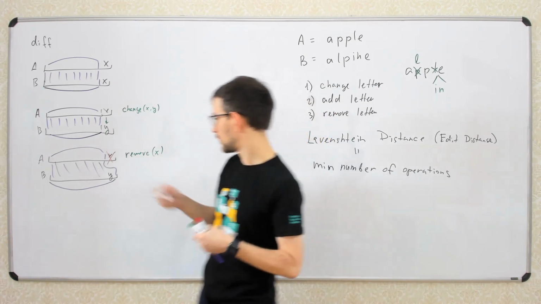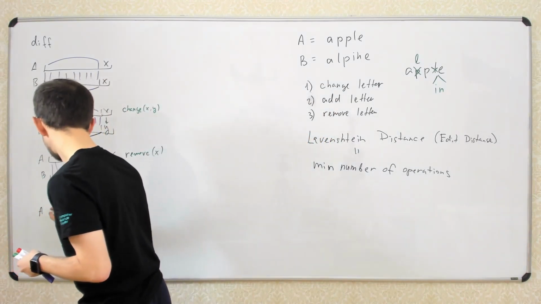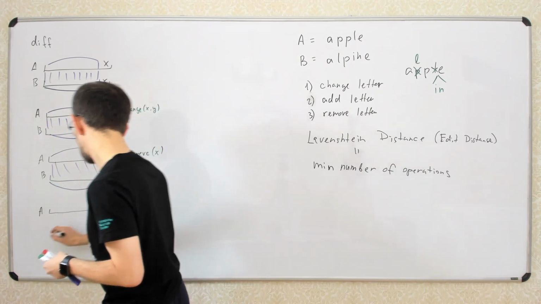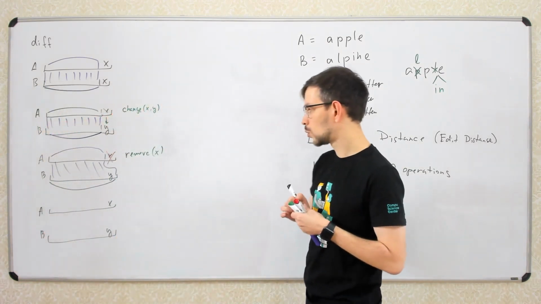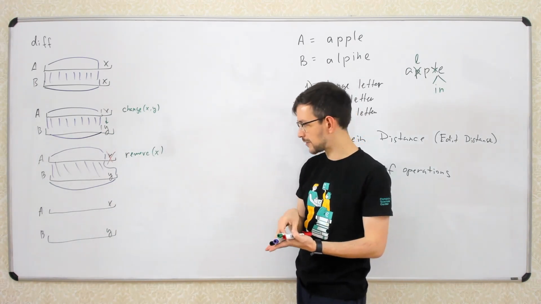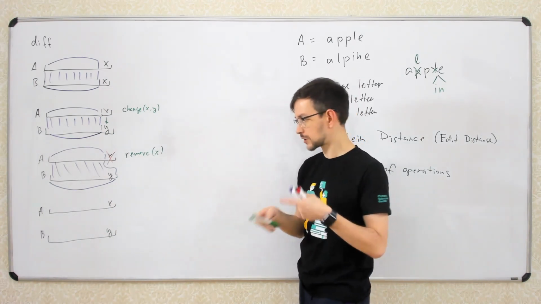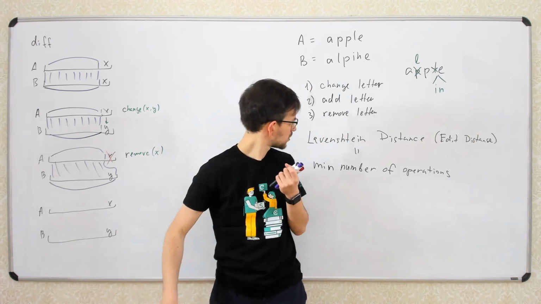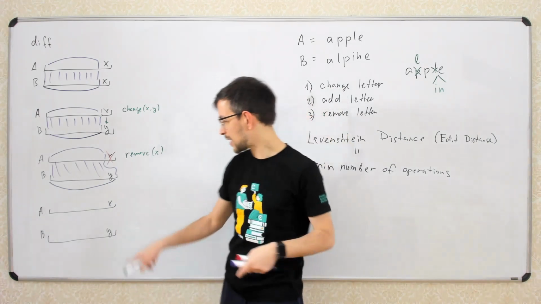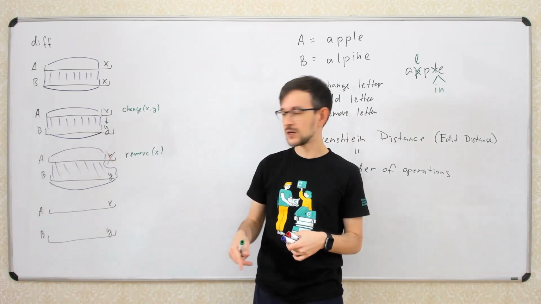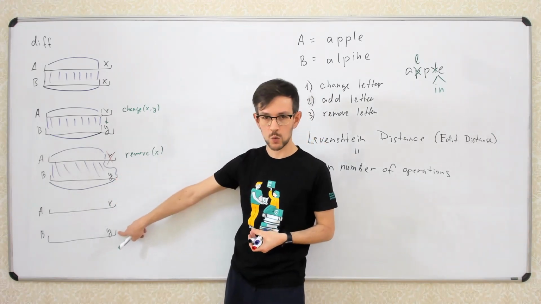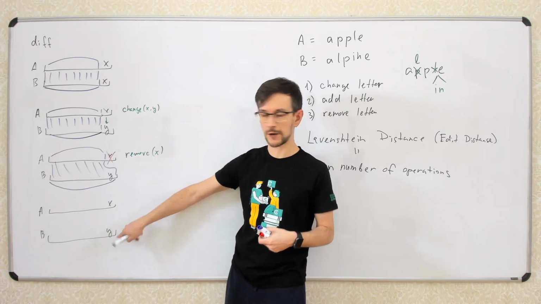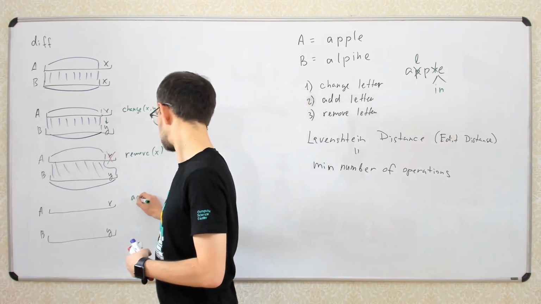And the final case, when we have X, here we have Y. What the final option we have is to insert character Y. Insert, add. We can add this character Y here. So we have character X, and in the end we have character Y. So maybe we just inserted the character Y. So let's say add.